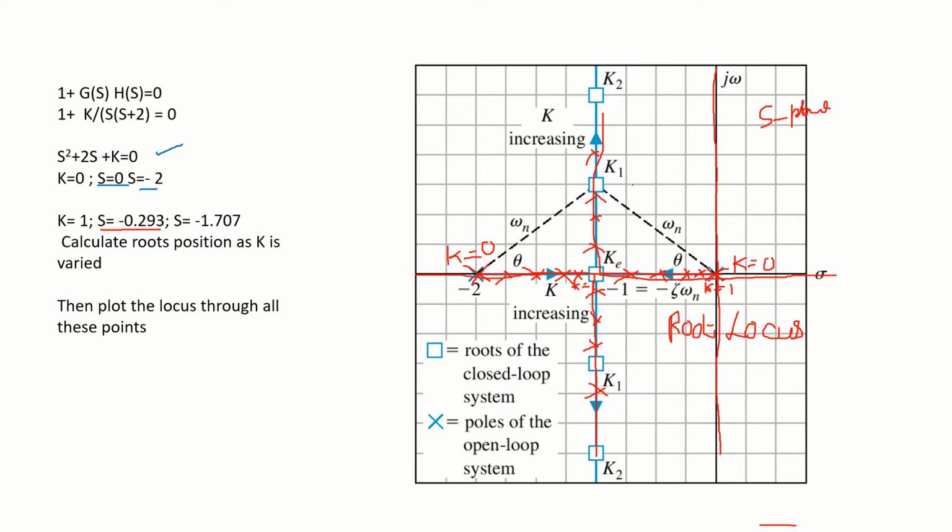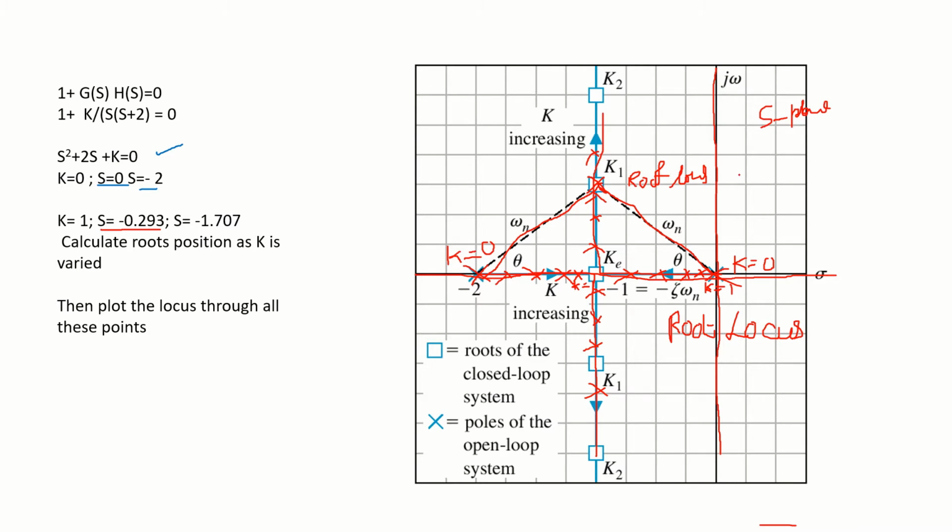The next question comes, what is the guarantee a chosen point is on the root locus? Take this point, join this point to the open loop poles.